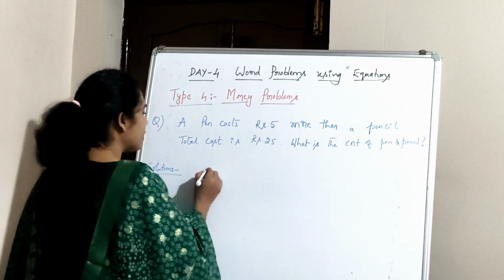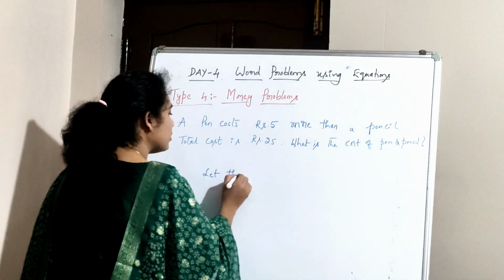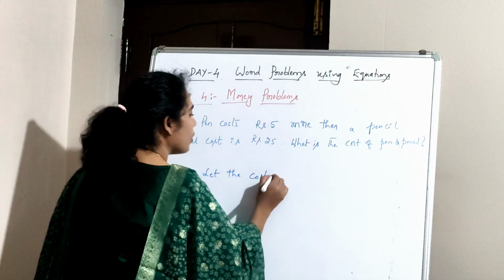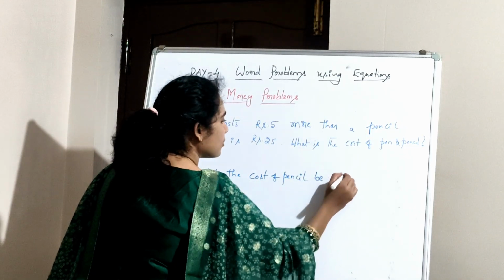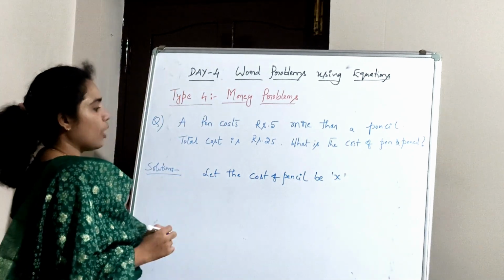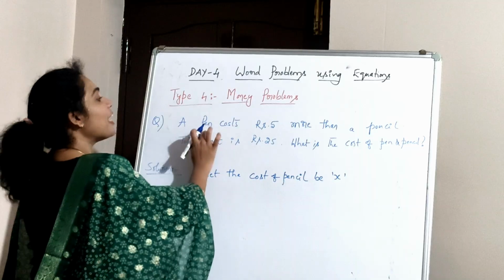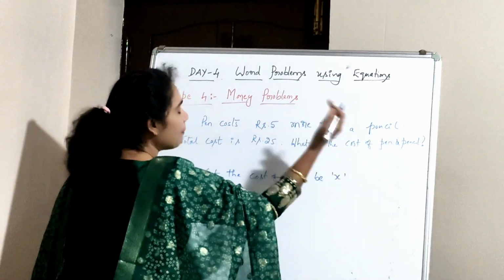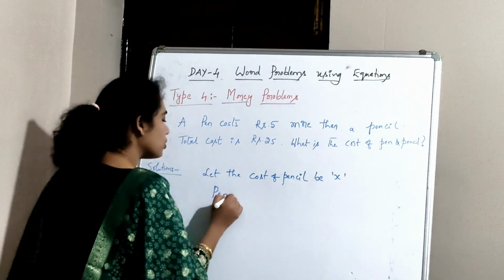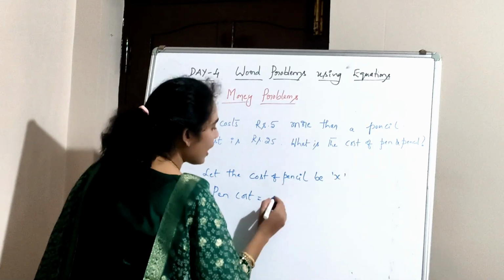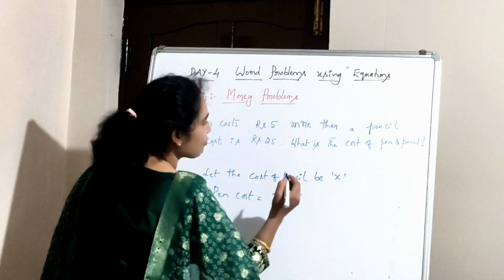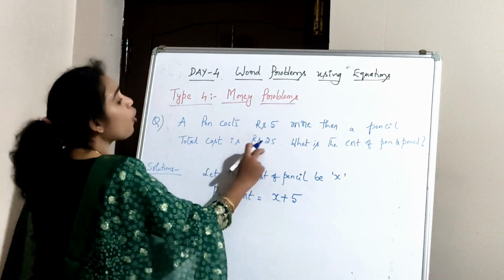So let the cost of pencil be x. Now it is given that the pen costs 5 rupees more than a pencil. So the pen cost will be x plus 5, and the total cost is 25.